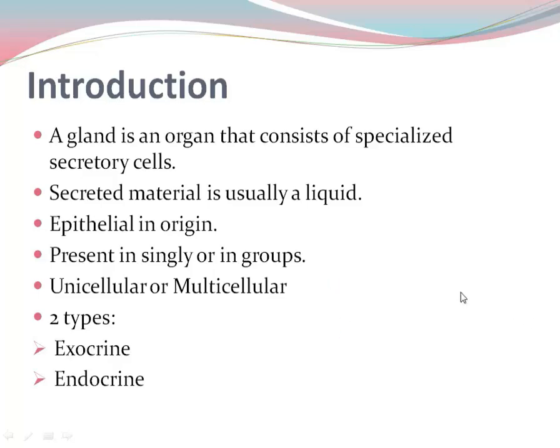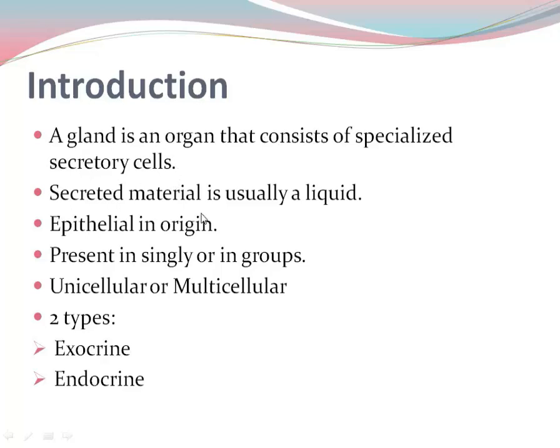Any gland is an organ that consists of specialized secretory cells. In many histological sections we have seen many different cells, mostly squamous epithelial, cuboidal epithelial, columnar epithelial. But when we say it is a gland, it contains an epithelial layer which has secretory cells.